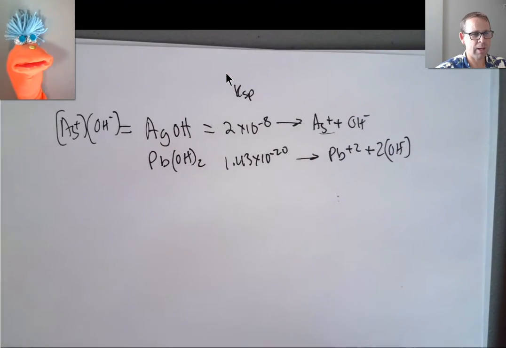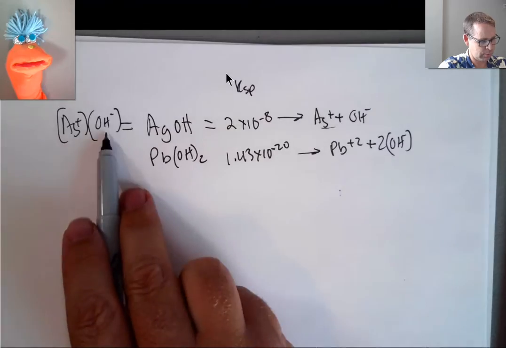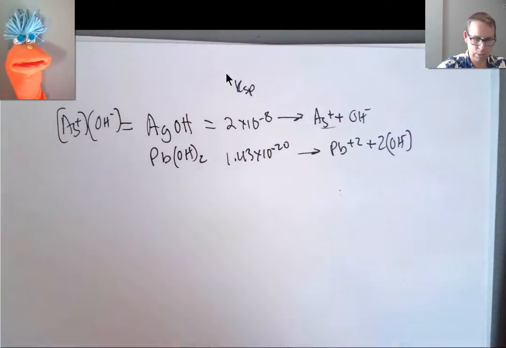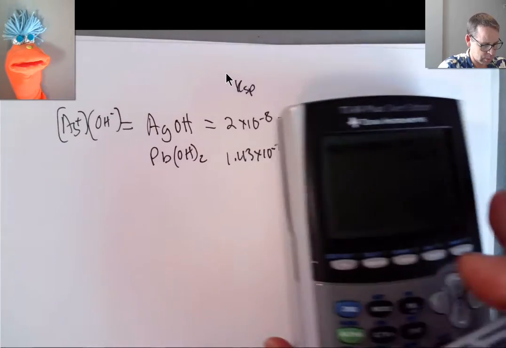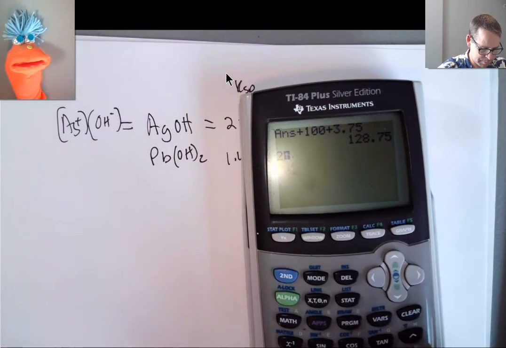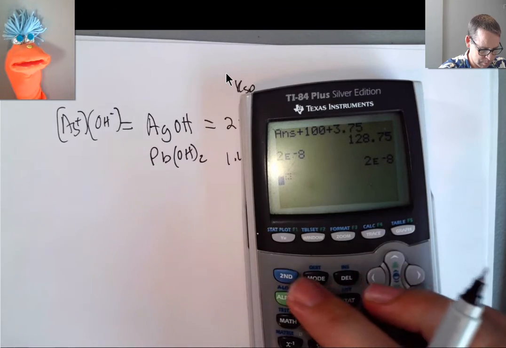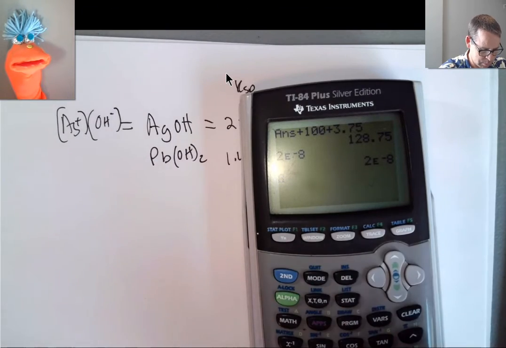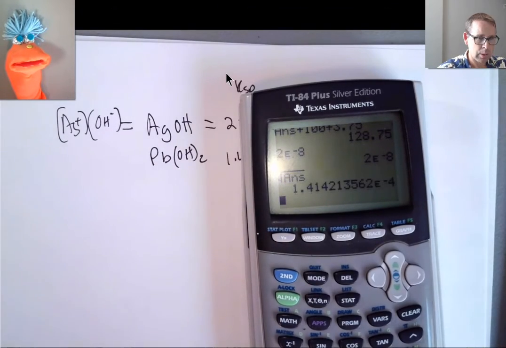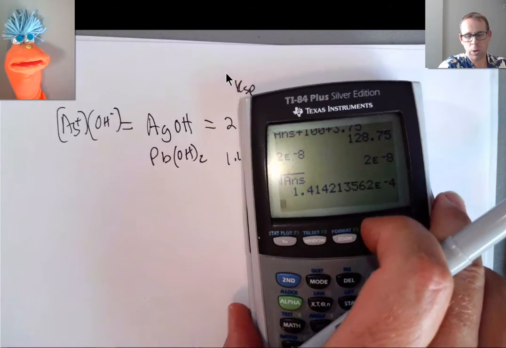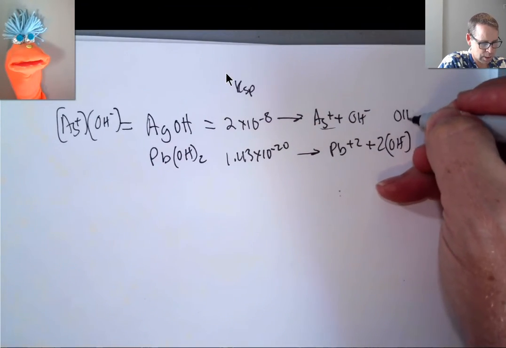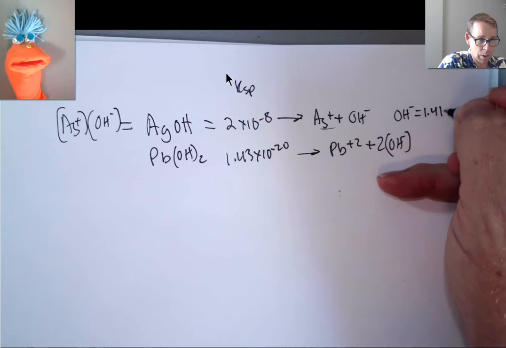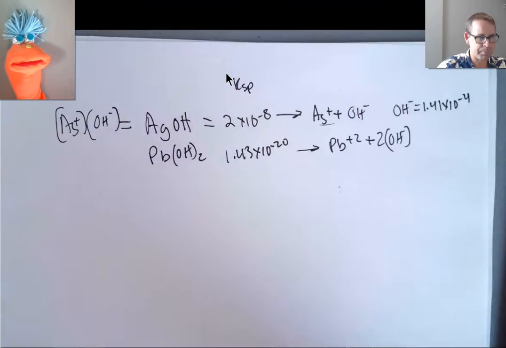I can solve for this because x squared equals 2 times 10 to the minus 8, so I take the square root. Okay, so 1.41 times 10 to the minus 4. The hydroxide ion concentration equals 1.41 times 10 to the minus 4.